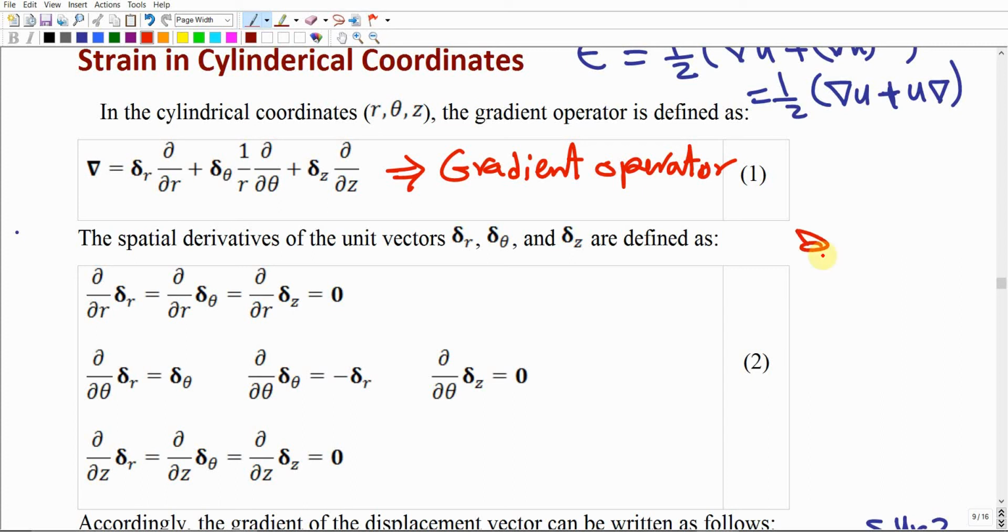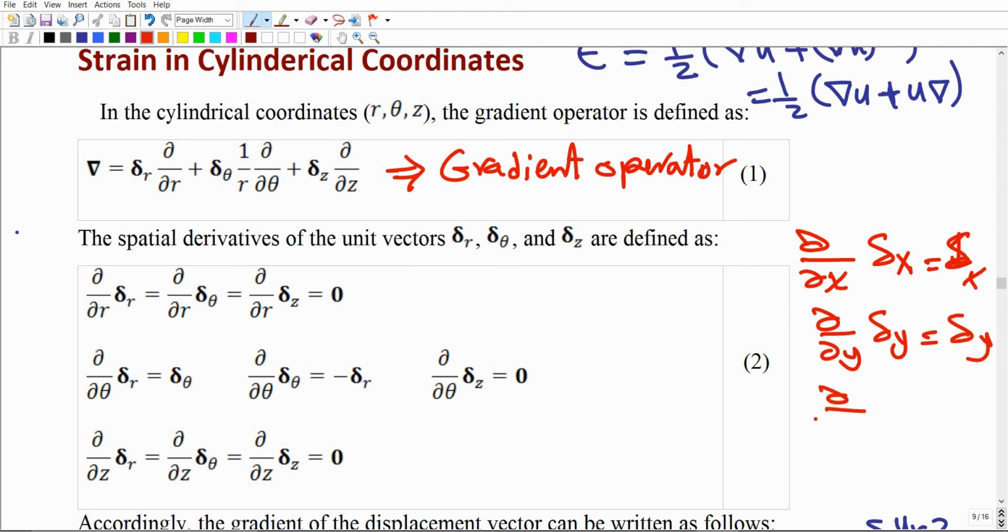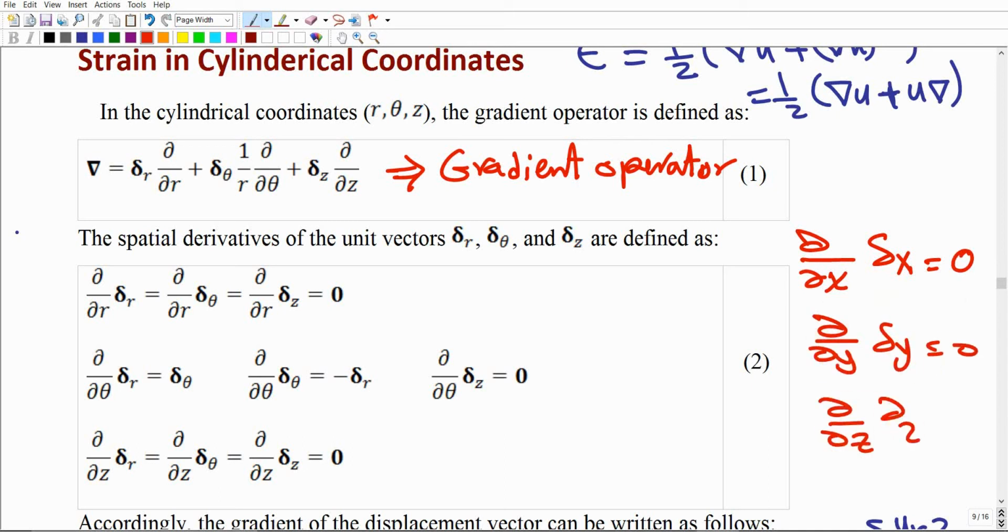For example, in rectangular coordinates, you might think the partial with respect to x of e_x has a value, but it is just 0. My bad. The partial with respect to x and with respect to y of e_y equals 0, and the partial with respect to z of e_z gives us 0.